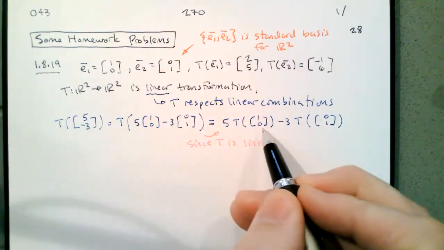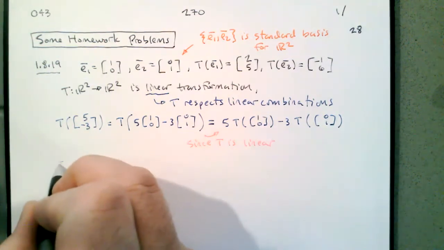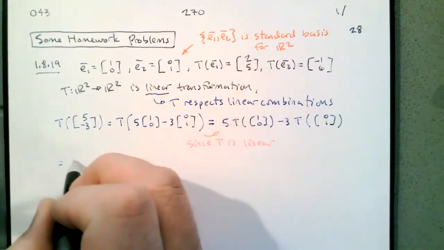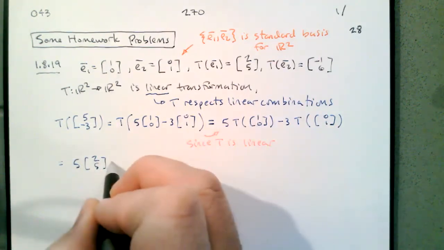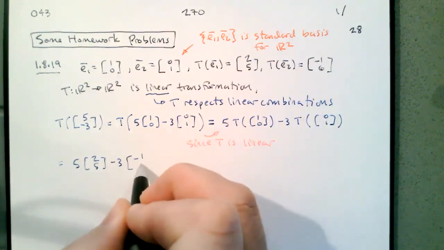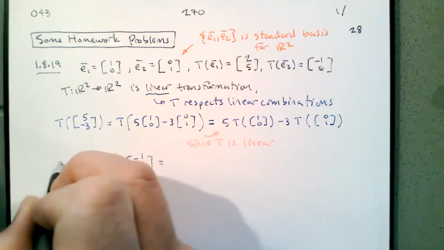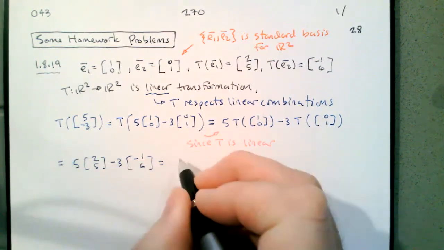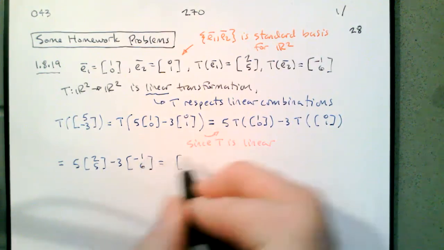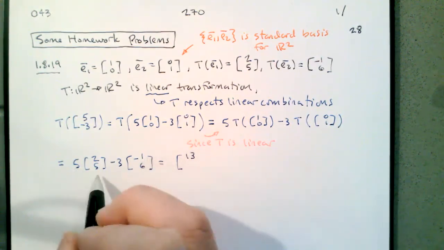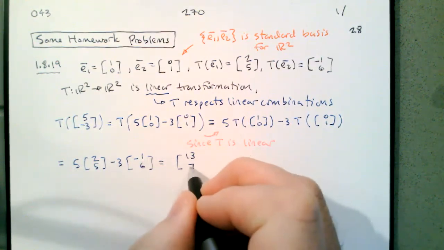So we know that the image of (1, 0) is (2, 5). So this is going to be 5 times (2, 5) minus 3 times (-1, 6). So it's going to be 5 times 2 is 10, plus 3 is 13, and then 25 minus 18 is 7.